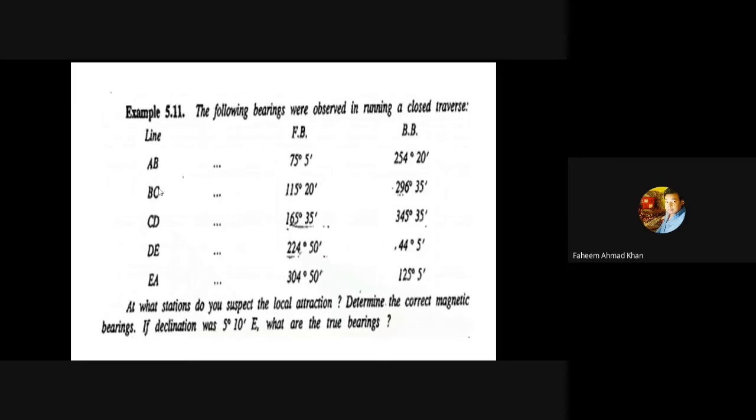Again from B to C and then C to B. From C to D, this is from C to D and this is from D to C. Again D to E, this value, and this is the value for E to D. This is the value for E to A and this is the value from A to E. So you will place all the observed bearings: this is the fore bearing, this is the back bearing.